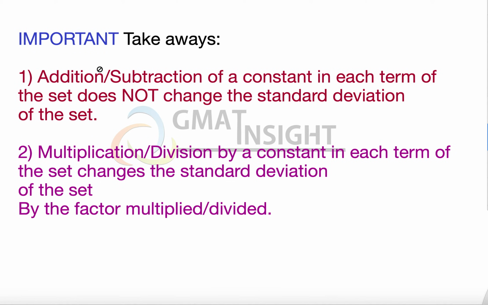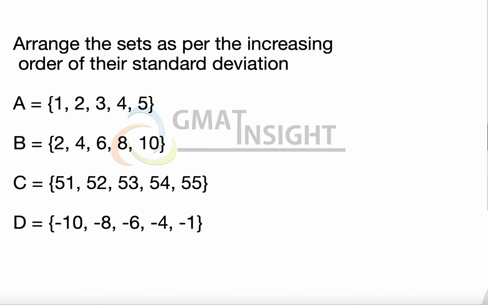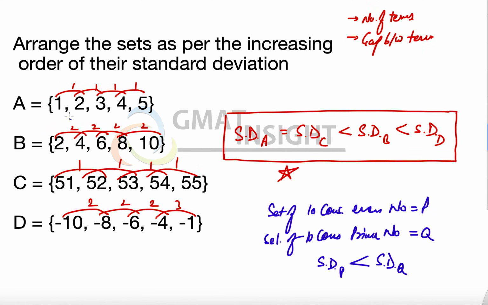We can perceive this fact in the previous example, where we look at set A and set C. You see, in set A and set C, the gaps are the same. Each term in set C is 50 more than each term in set A respectively. That means the addition of 50 in each term does not change the standard deviation of the set.